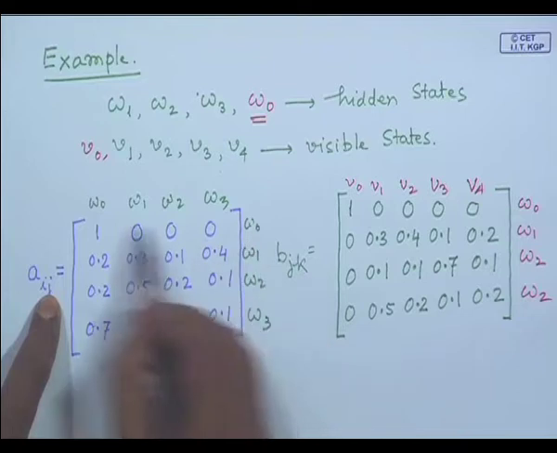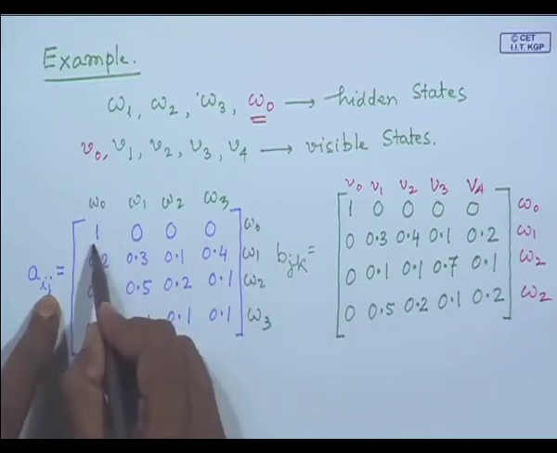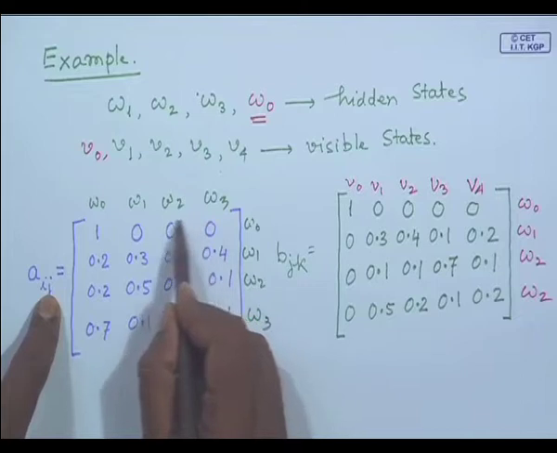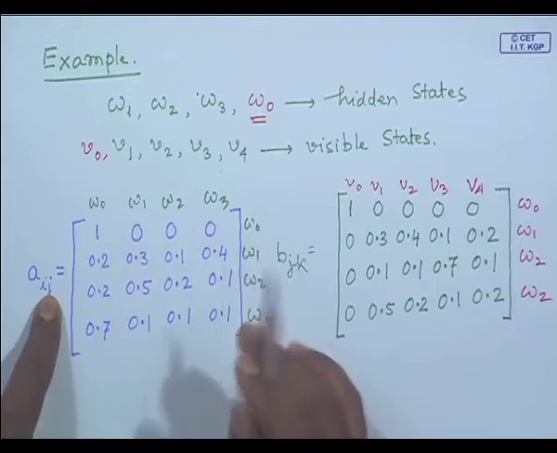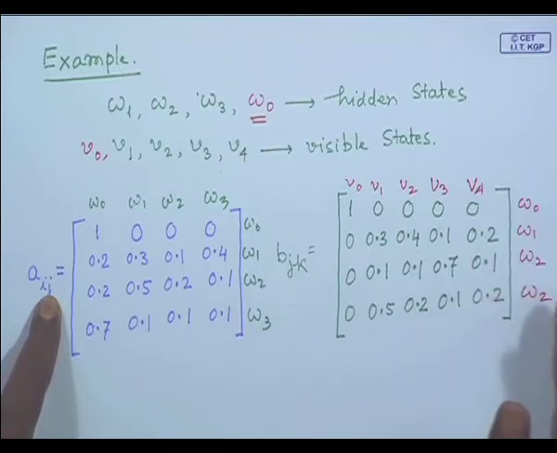That means, once the machine is in state omega 0, it will always remain in omega 0. The transition probability to omega 0 is equal to 1. Transition probability to any other state is 0. So, from omega 0, the machine cannot make a transition to any state other than omega 0. So, it will remain in the accepting state only.